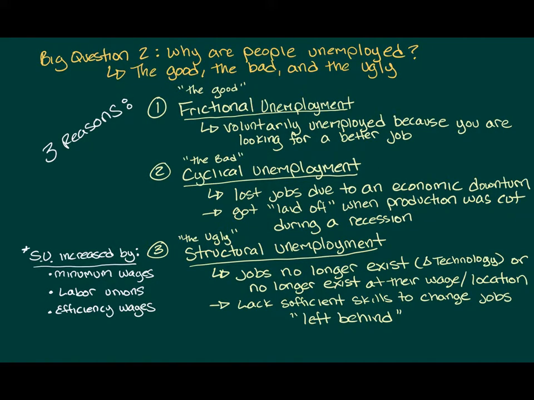Since you're squeezing additional productivity out of each worker as they work harder and harder to get those efficiency wages, you'll end up seeing that you have 2 workers essentially doing the job that was once done by 3, and that third worker will end up unemployed. So incentive pay or efficiency wages, when adopted on a large scale, can also have an impact of increasing the overall level of structural unemployment in the economy.